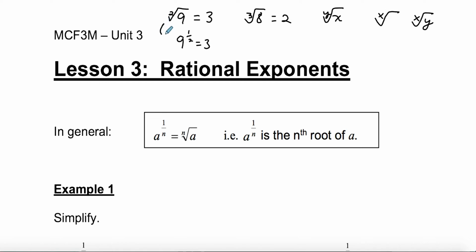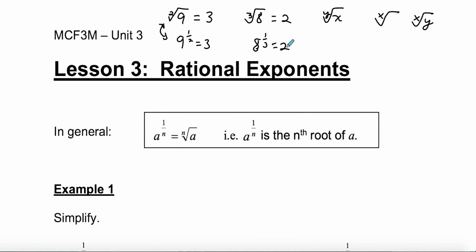Those are the same. So when we have a fractional exponent, the number in the denominator is the number that would come back out front here, and that is what root we're looking at. So if I was looking at 8 to the 1/3, that's the same thing.